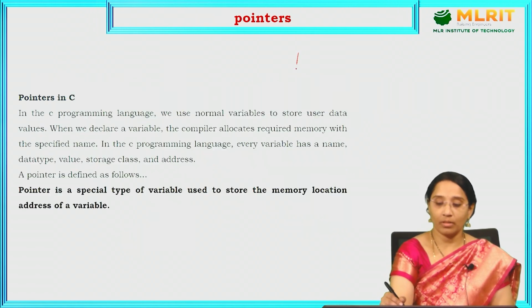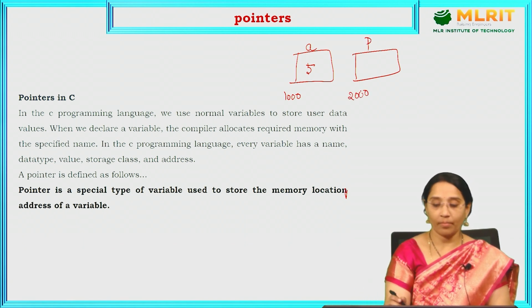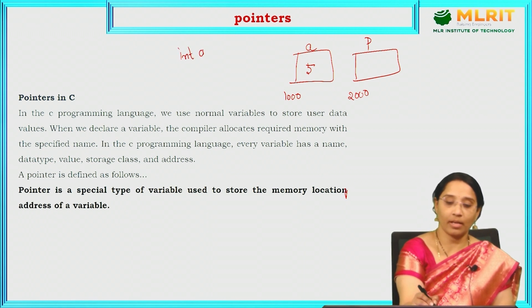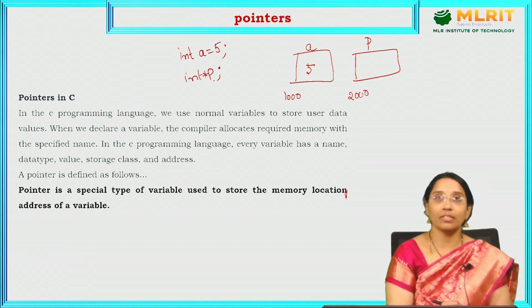Suppose, imagine this is your computer block of memory A. A is having a value 5 which is at location 1000 and P is a pointer variable which is at 2000 location. Suppose I write int A is equal to 5, int pointer P. So what can you say by seeing this declaration?